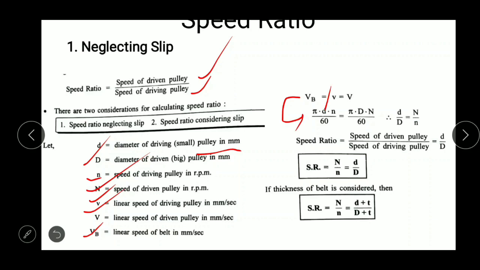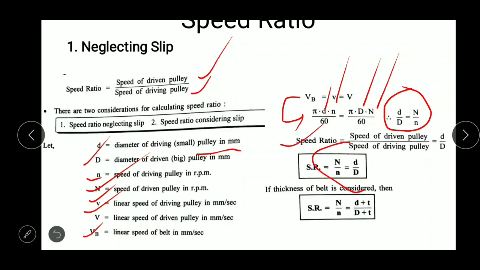Small d indicates the small pulley, capital D the bigger pulley, small n the smaller pulley RPM, capital N the bigger RPM. Through this we get the equation: the diameter of smaller pulley divided by diameter of bigger pulley is equal to RPM of bigger pulley to the RPM of smaller pulley. Correct? So we can say that this will be the speed ratio.